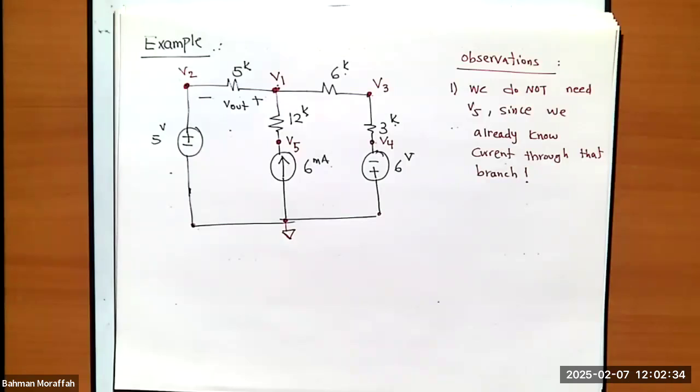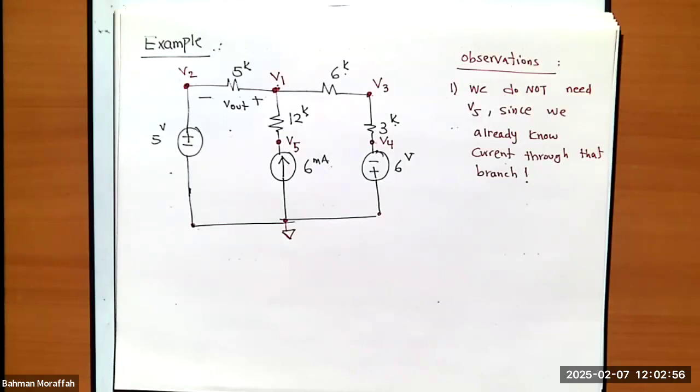I claim I don't need V4 either, because I know what it is. What is V4? It's negative 6 volts. Again, that's the easy one. It's between one node and the ground. Right? So V4 minus 0, it's minus 6 volts.